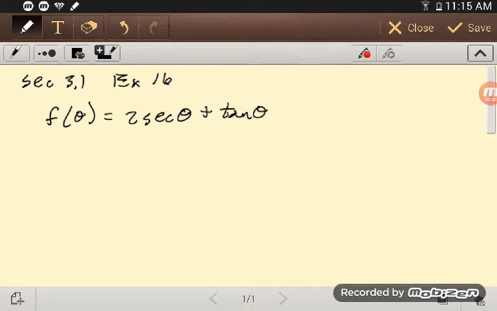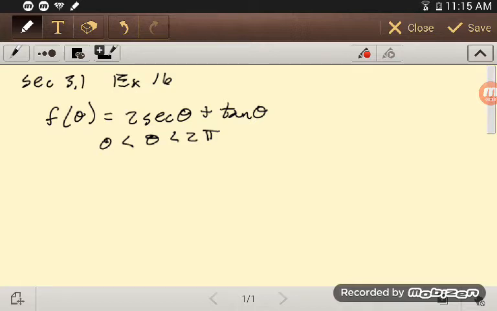And we're told our interval is from 0 to 2 pi, but it is the open interval. So 0 is less than theta is less than 2 pi. So if we have critical numbers at 0 or 2 pi, they don't count because they're not in our interval.